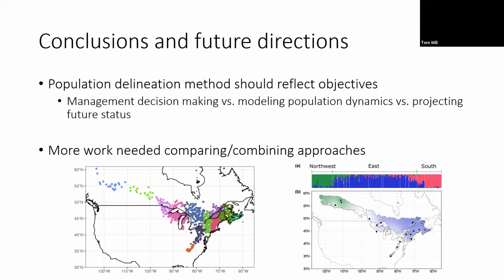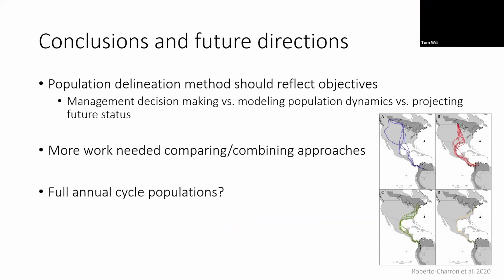This is something Caitlin kind of started out doing and then needed to defend, so she didn't quite make it as far as she had originally hoped. But how do genetic data and more recent demographic data collectively tell us about population level processes? I think that's something that hasn't really been explored. And since I came out of the Migratory Bird Center frame of thinking, we tend to think about populations from a very breeding-centric perspective.